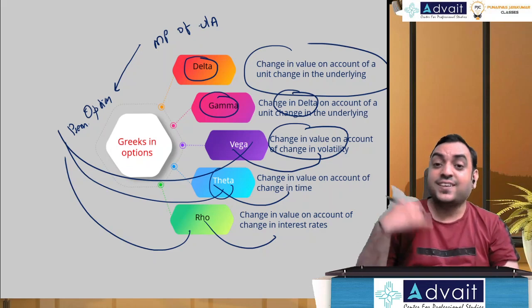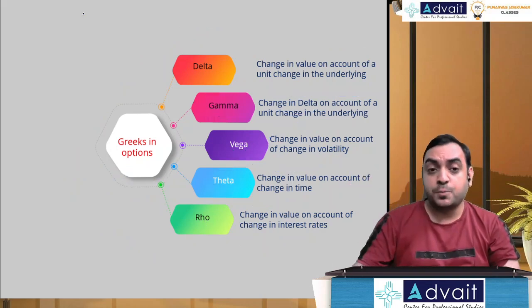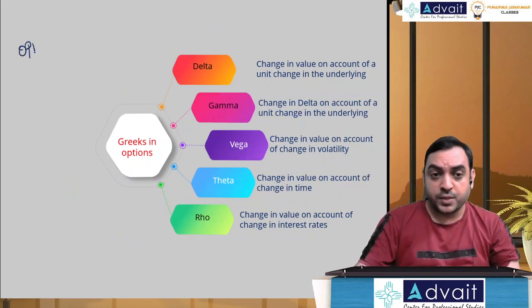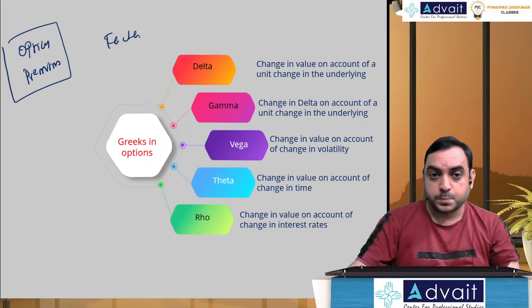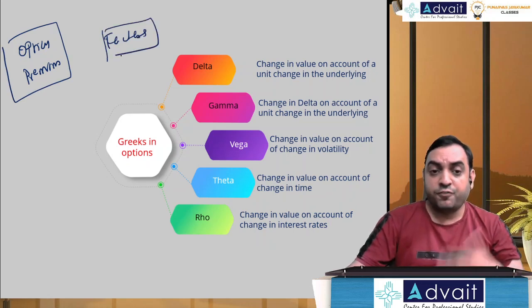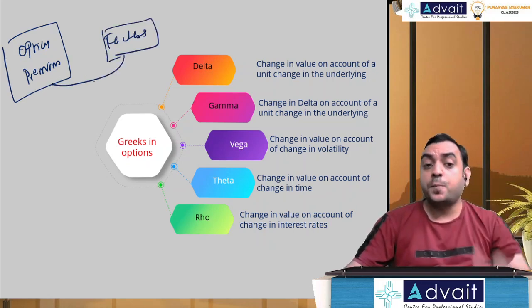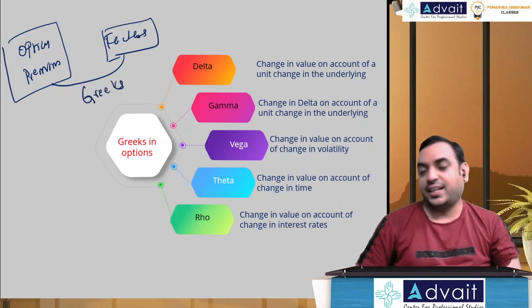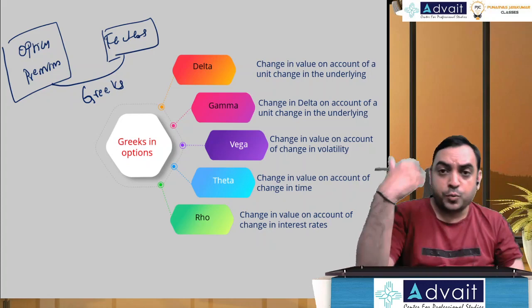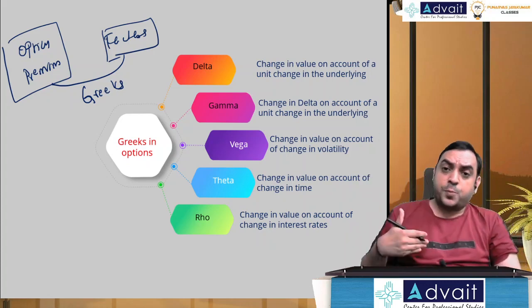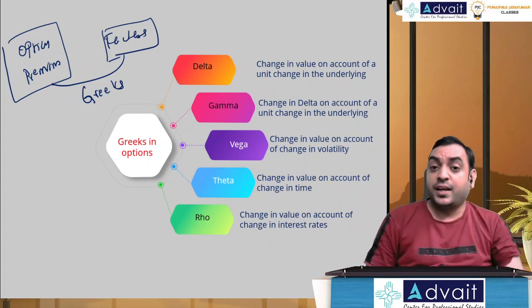So when one factor changes, by how much will the option premium change? We have the option premium and we have various factors. When factors change, by how much the option premium changes, this connection is given by the Greeks. The connection between the market price of the underlying asset and the option premium is given by delta.